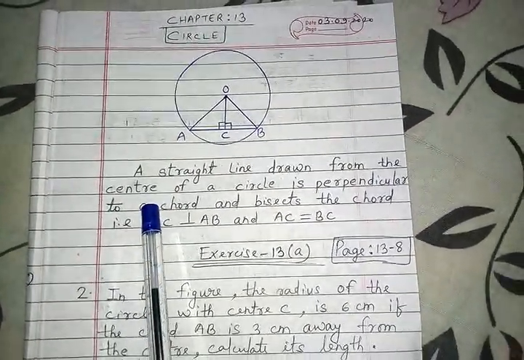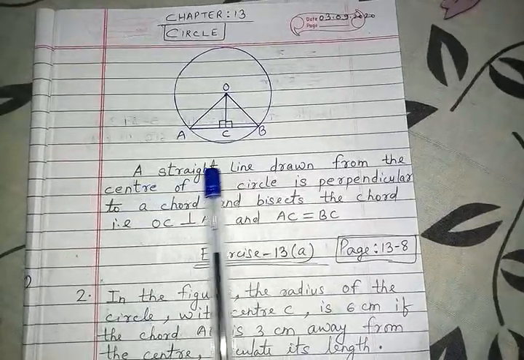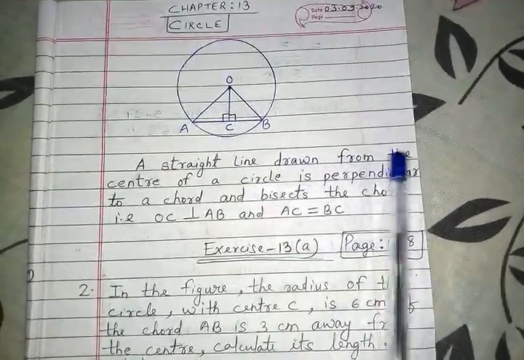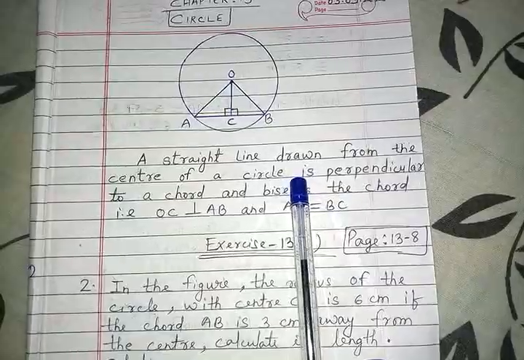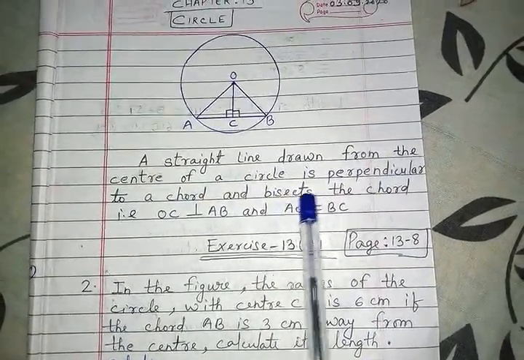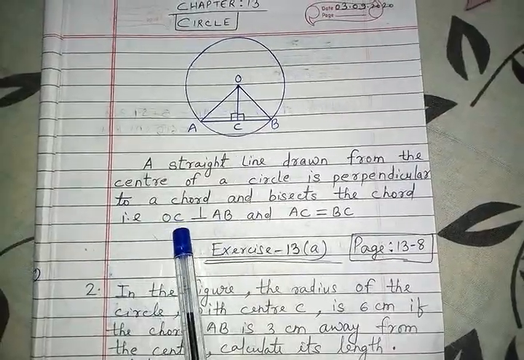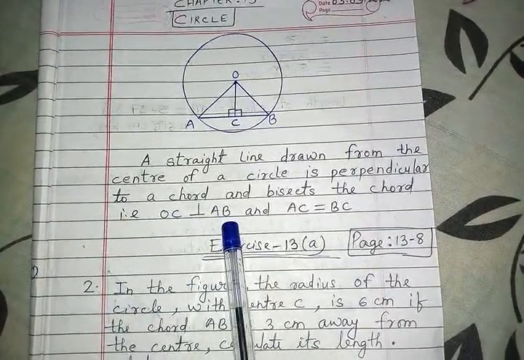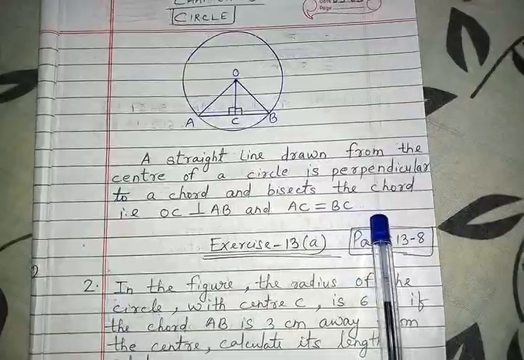So we have a theorem here. A straight line drawn from the center of a circle perpendicular to a chord bisects the chord, that is, OC is perpendicular to AB and AC is equal to BC.